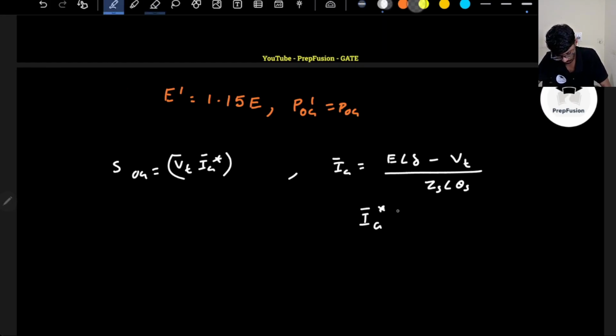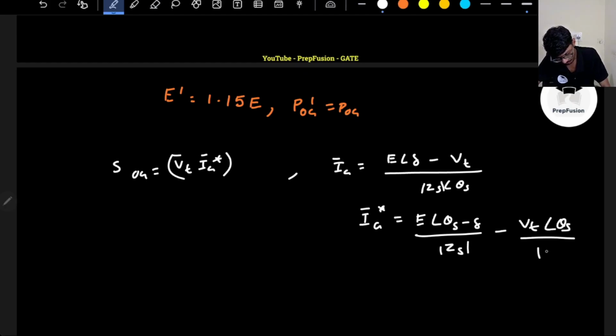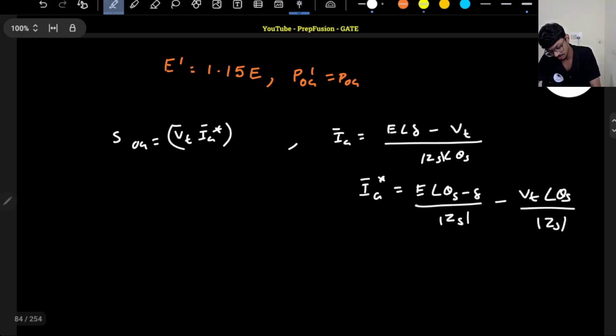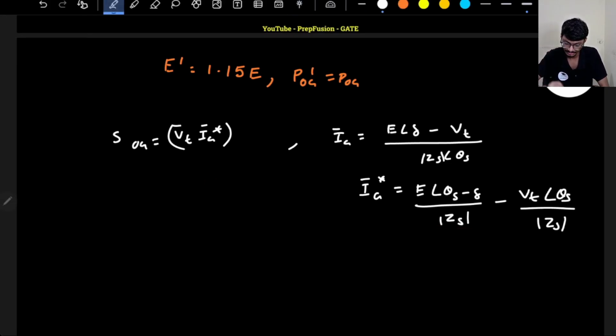equal to E angle (theta S minus delta) divided by the magnitude of ZS, minus VT into angle theta S divided by the magnitude of ZS. I will replace this over here, because even if you forget the formula, I can derive it in 10 seconds.